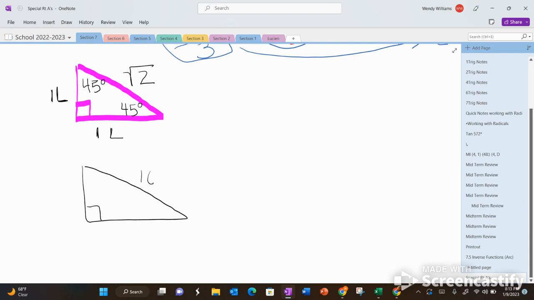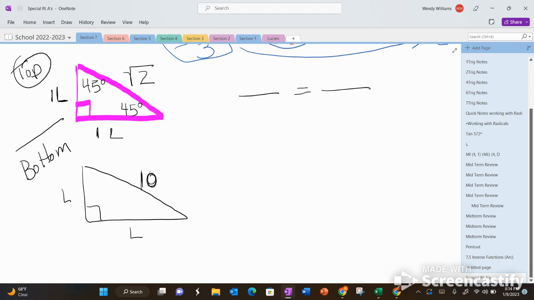Hey, let's say the hypotenuse is 10. We set up proportions and solve. What is the length of this leg? Easy peasy, lemon squeezy. Top compared to bottom. And we will have 4 pieces to fill in.